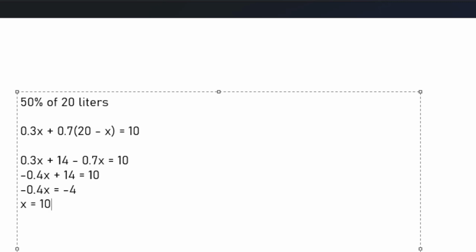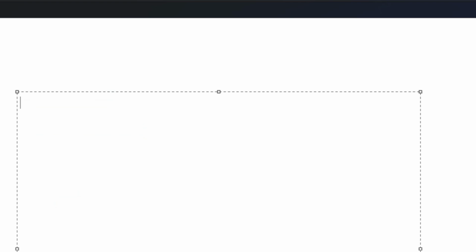So next step is to find the amount of the 70% solution. The amount of the 70% solution is 20 minus x, which equals 20 minus 10, equals 10 liters.